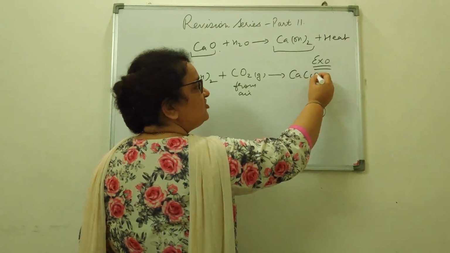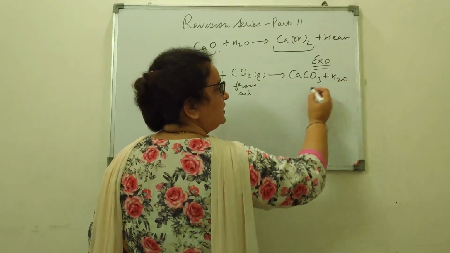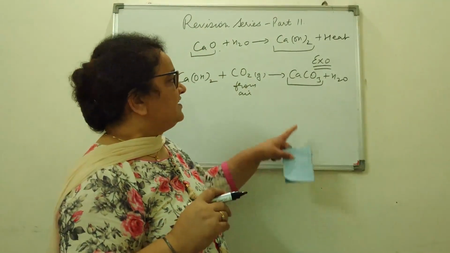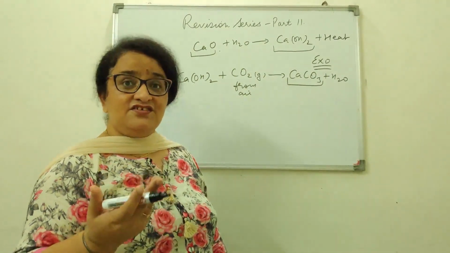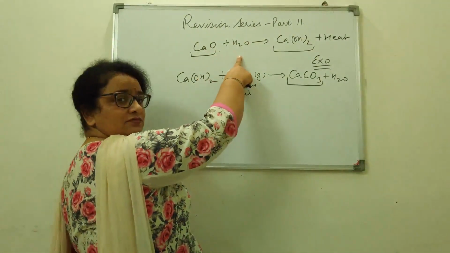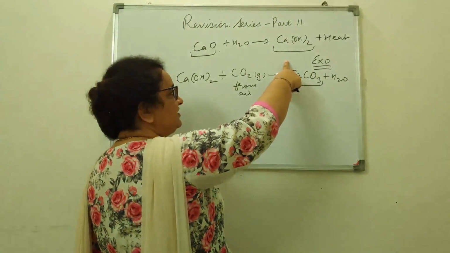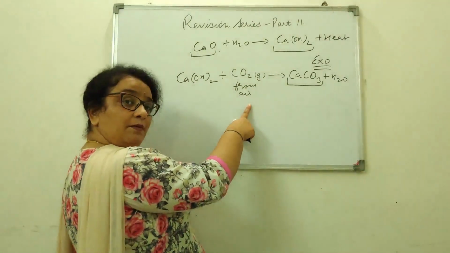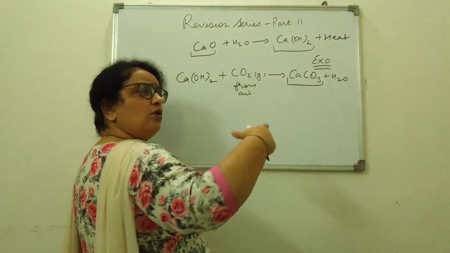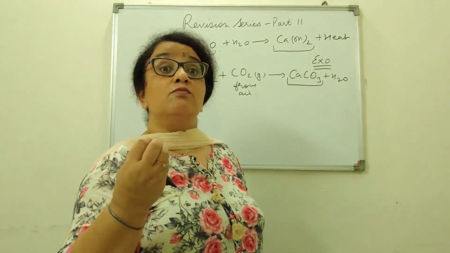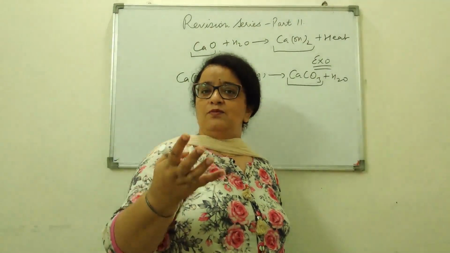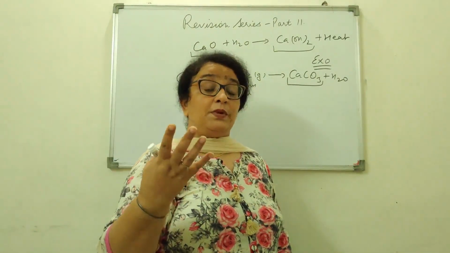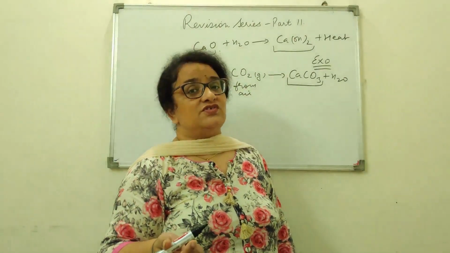You will get calcium carbonate and water. So after 1 or 2 days, what you find on the walls is calcium carbonate. Isn't it amazing? You dissolved one compound, you got another after reaction, and when it was applied on the walls, it reacted with carbon dioxide, and after 1 or 2 days, we find that the walls are brighter. It is calcium carbonate that has been formed on the walls. So this is a very important practical concept, and an important question also.